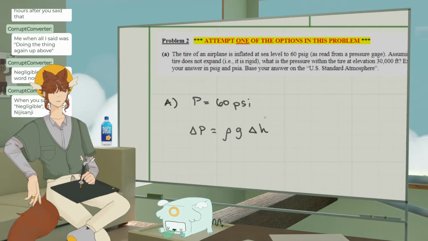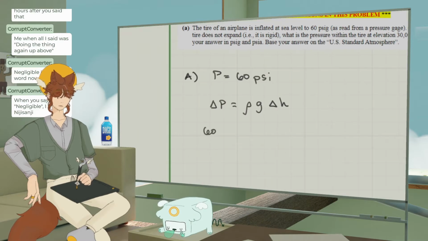Maybe it's the feet that are the issue? But let's see, 60, I guess I don't even really need to, yeah, no, x minus 60 equals rho.